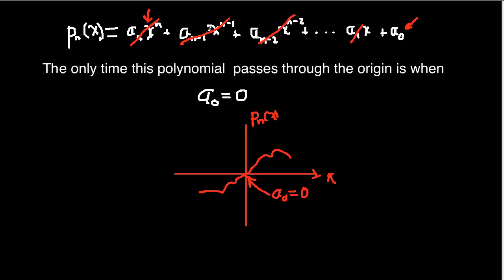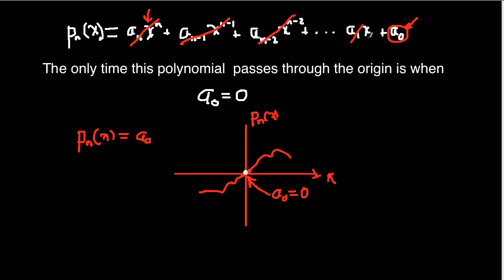So whenever x is equal to 0, the value of the polynomial p sub n of x becomes equal to a0, because that's the only term left after all the other terms go to 0. So unless a0 is itself 0, p sub n doesn't pass through 0 when x is equal to 0. That's a pretty interesting result.